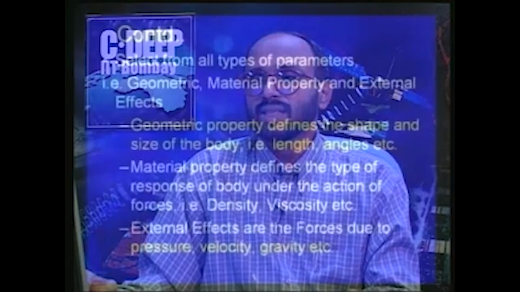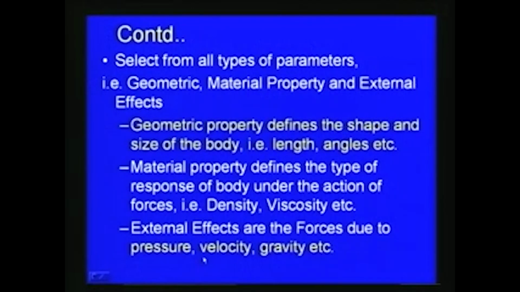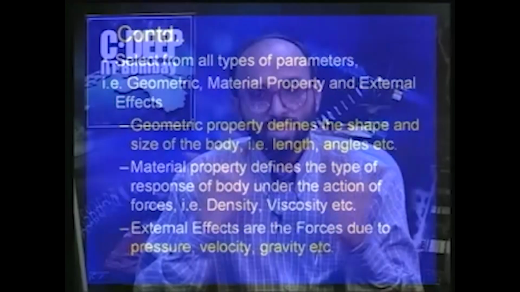And then external effects are the forces due to the pressure, velocity, gravity, etc. So when we do the dimensional analysis, we have to see how the forces are acting, or how the pressure is varying, or how the velocity and gravity are affecting the particular model or particular study which we do.